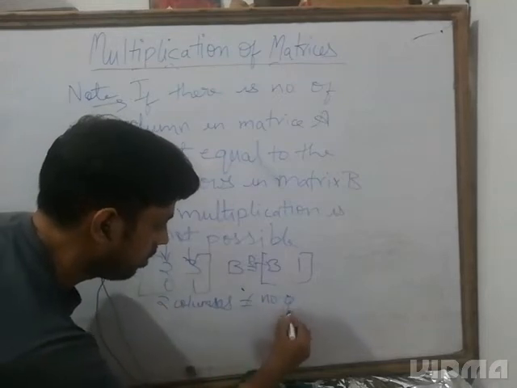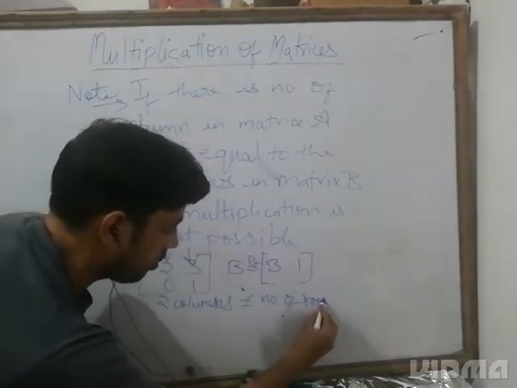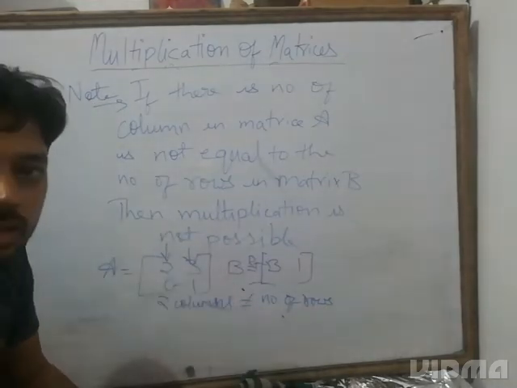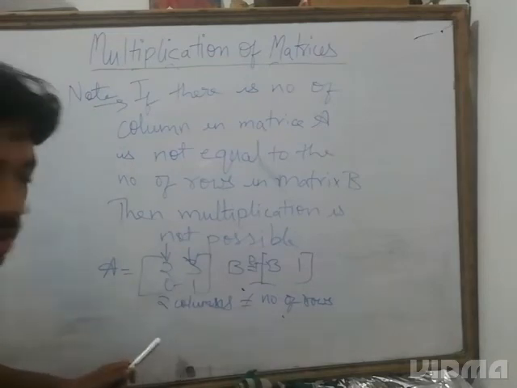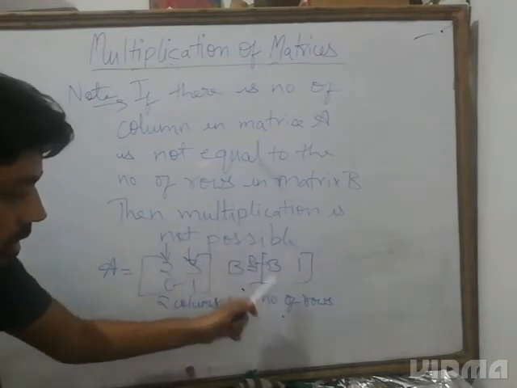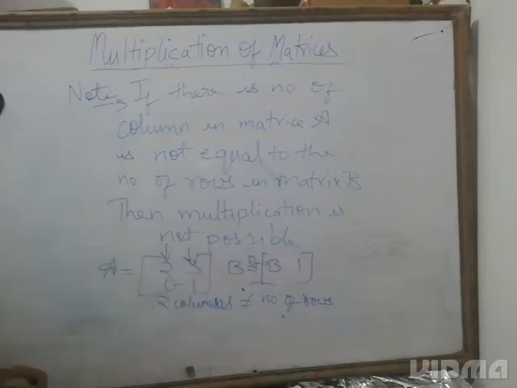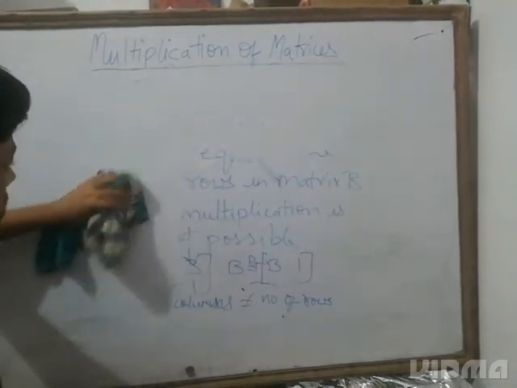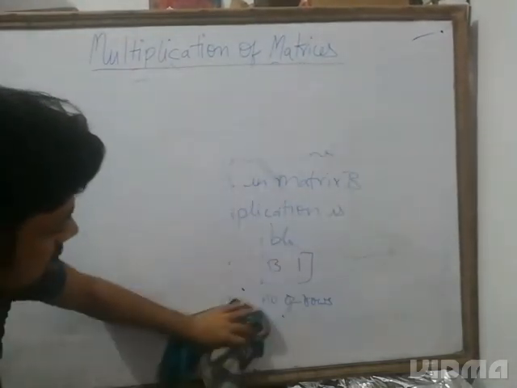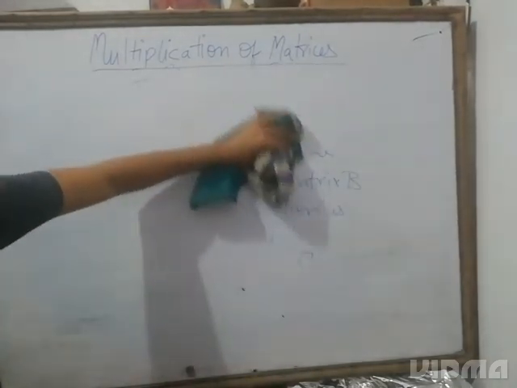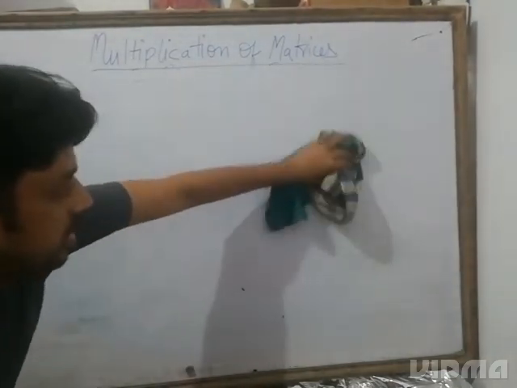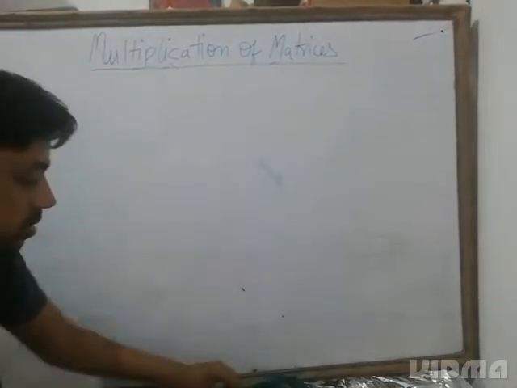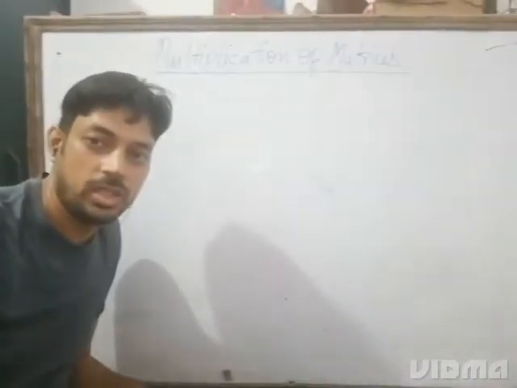The number of columns in the first matrix should always be equal to the number of rows of the second matrix. Remember this. Many students are confused about this point. In some exams, the question is asked whether multiplication is possible in these matrices or not. So we have to understand when it is possible.